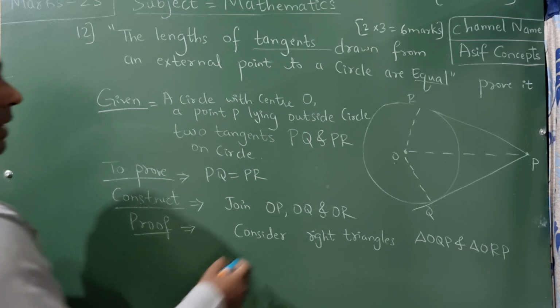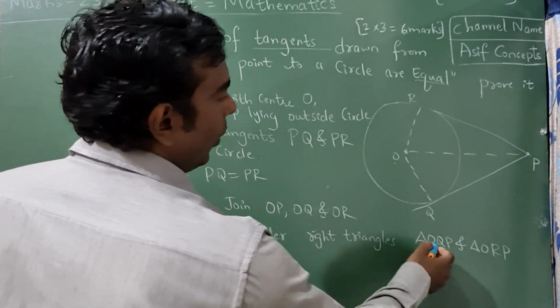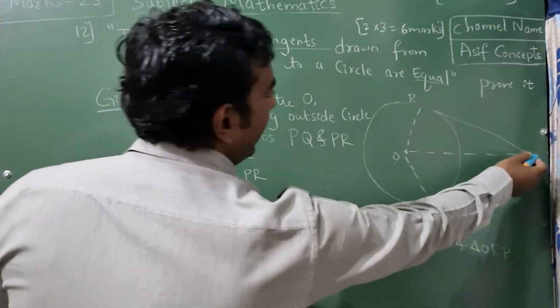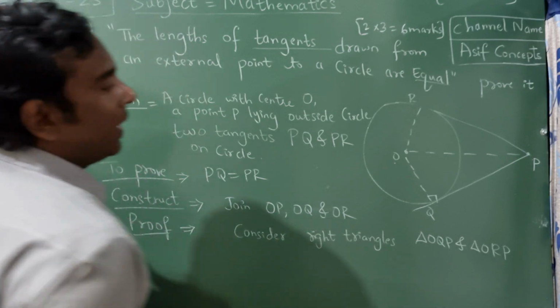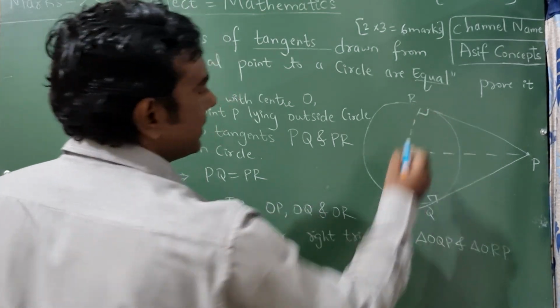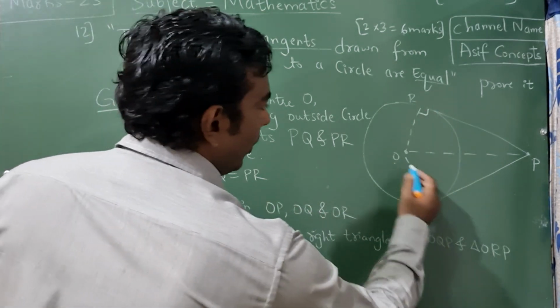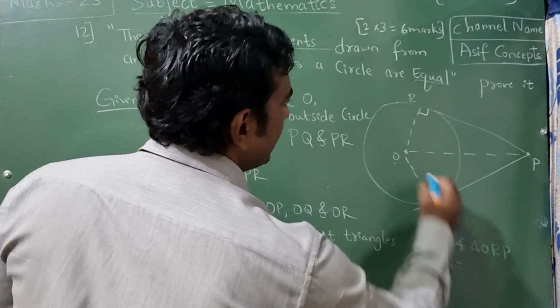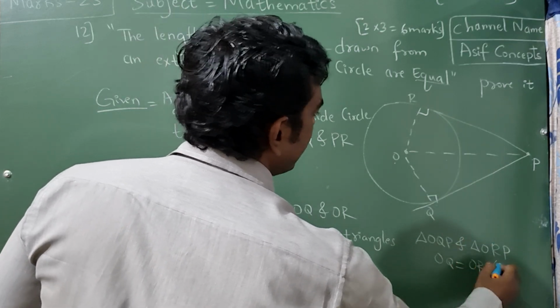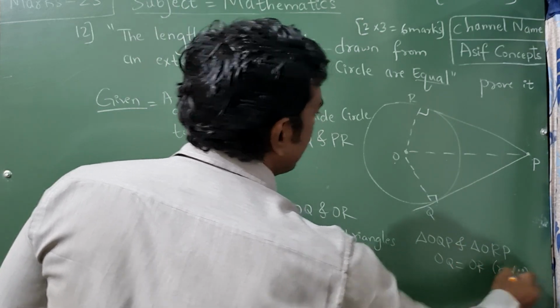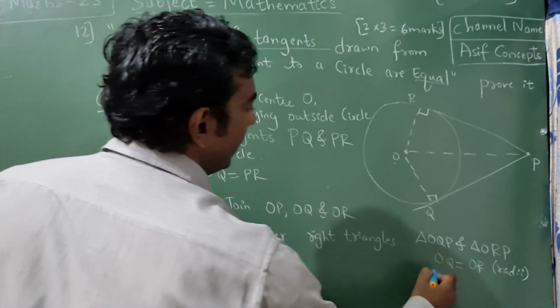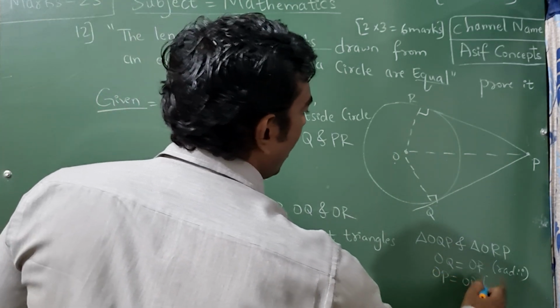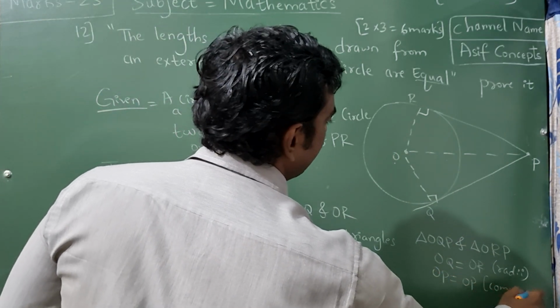Now let us prove. Consider right triangles OQP, that is this, and ORP, that is this. So OQ is equal to OR. What are these? These are radii of the circle. For these two triangles, OP is a common side.